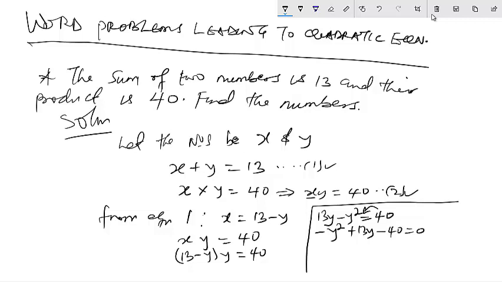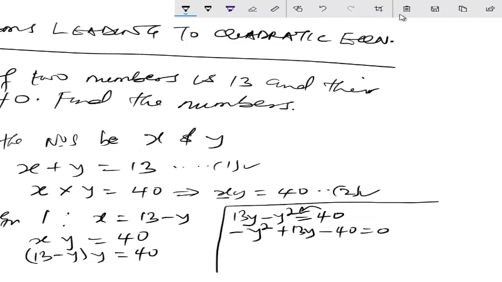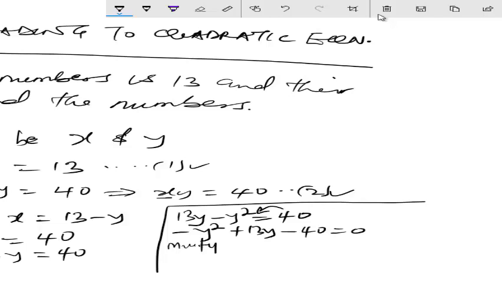If you multiply through by minus 1, then minus 1 times y squared becomes y squared, minus 1 times plus 13y becomes minus 13y, minus 1 times minus 40 becomes plus 40, then equals minus 1 times 0, which becomes 0.